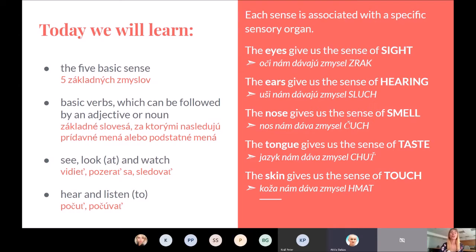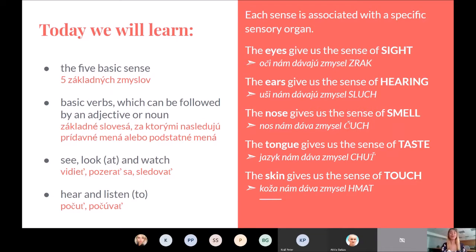So what are those 5 basic senses? Each sense is associated with a specific sensory organ. So let's start with sight. Eyes give us sight. Then it's hearing. The ears give us the sense of hearing. Then we have smell.